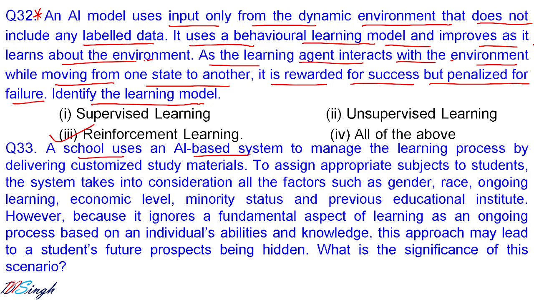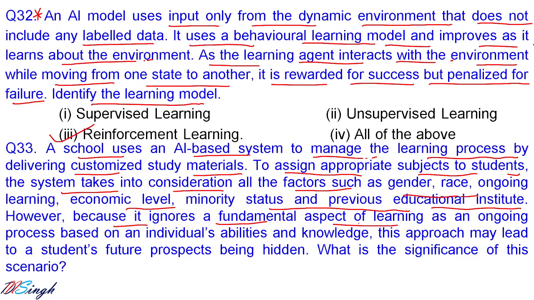A school uses an AI based system to manage the learning process by delivering customized study material and assigning appropriate subjects to the students. The system takes into consideration factors like gender, race, ongoing learning levels, majority status and previous educational institution. However, it ignores the fundamental aspect that learning is an ongoing process.